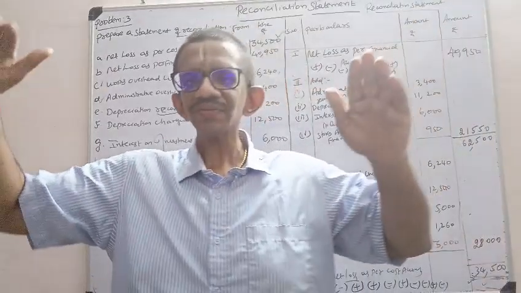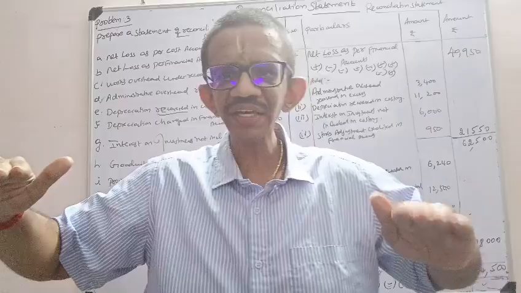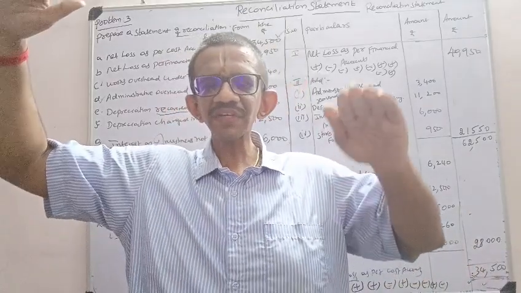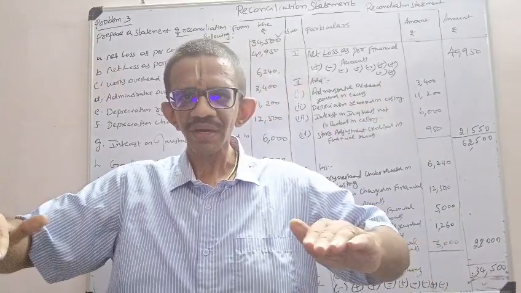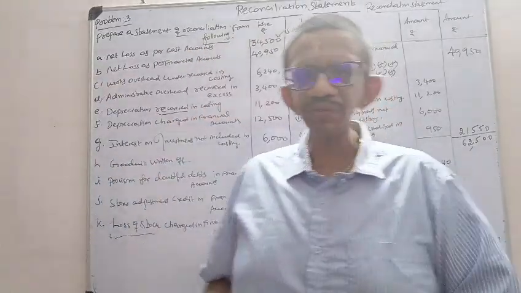If any income decreases, profit level also decreases. If expenses increase, profit level decreases. If expenses decrease, profit level increases. This is as per the profit oriented problem.